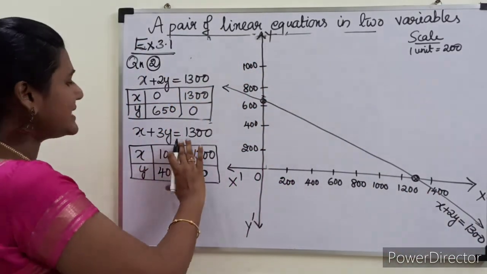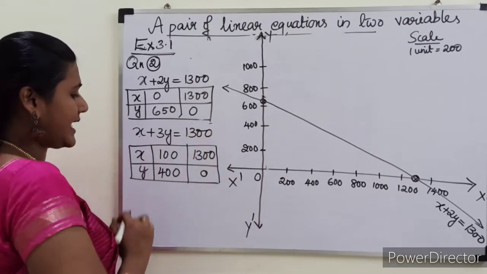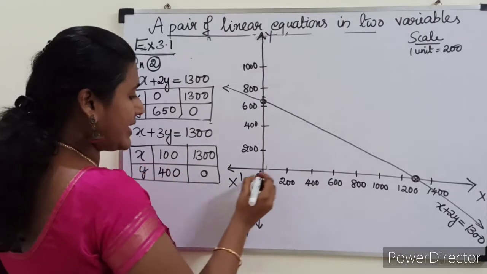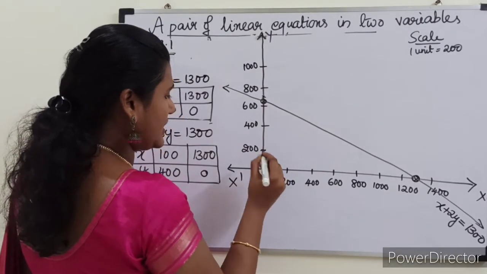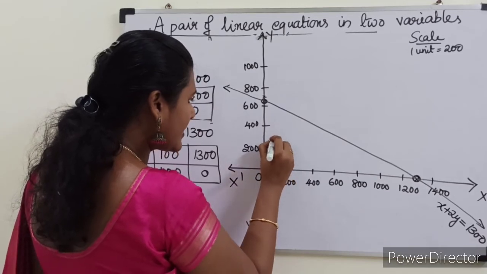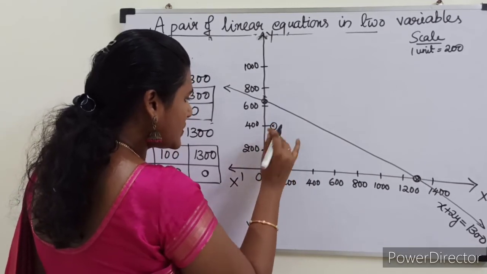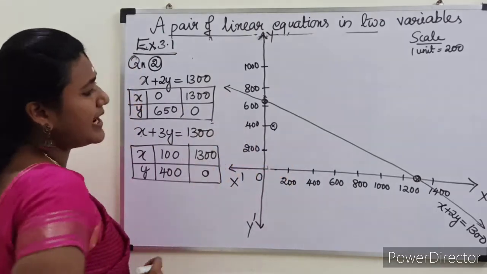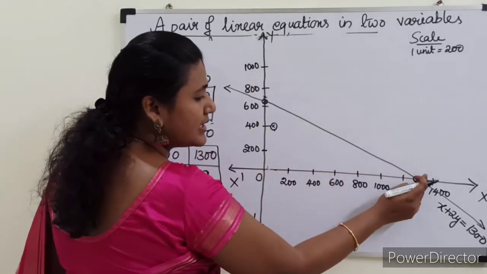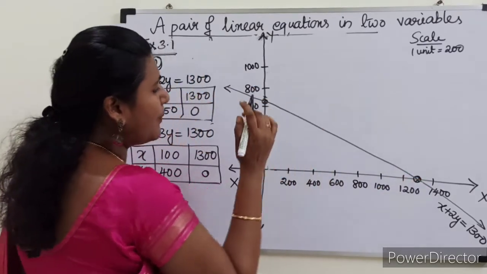Now we will plot the solutions of the second equation. x is 100 and y is 400. So we will mark this point here: x is equal to 100 and y is equal to 400. Then the next point is 1300, 0. That is the same point only.